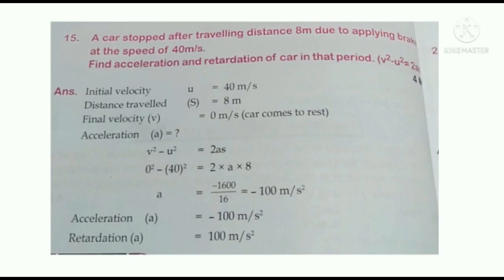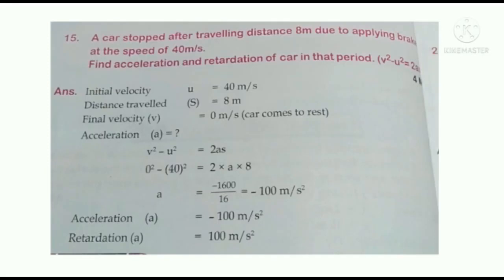So here v is equal to 0, u is equal to 40 and s is equal to 8 meters. So we substitute the values of v, u and s in v square minus u square is equal to 2as.